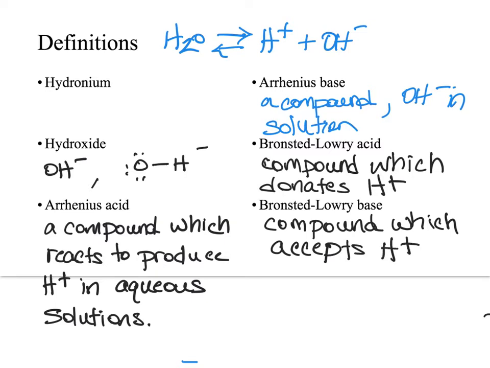We'll see cases where either the Arrhenius acid-base definition or the Bronsted-Lowry definition works better, and some which are more applicable. It really just depends on the type of chemistry that you're doing.